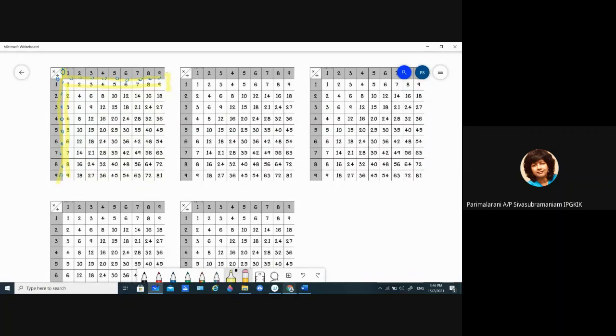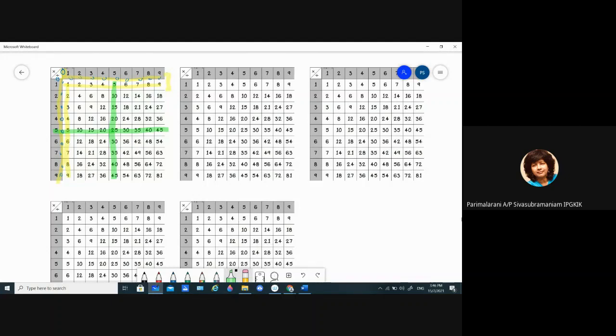The use 10 strategy actually means we are teaching the 5 facts. This one here, okay? We are teaching all these facts and these facts using a use 10 strategy.